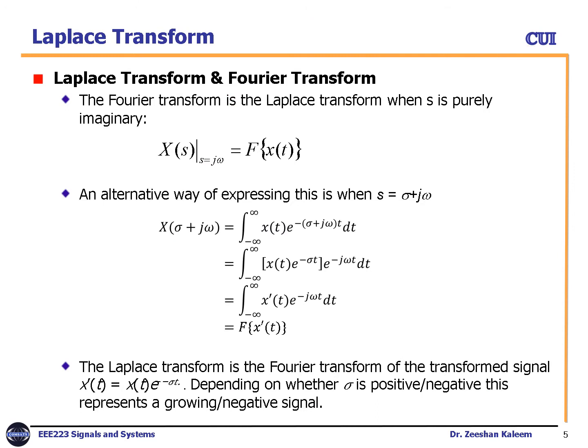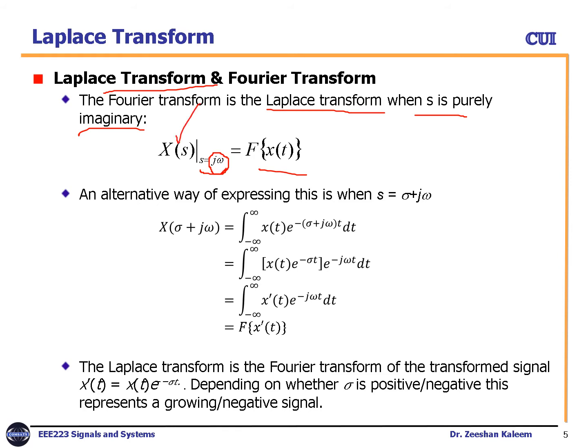Now let's see the key difference between the Laplace transform and the Fourier transform. The Fourier transform is the Laplace transform when s is purely imaginary. As we already discussed, when s is j omega only, which is purely imaginary, the results of the Laplace transform and the Fourier transform will be similar.